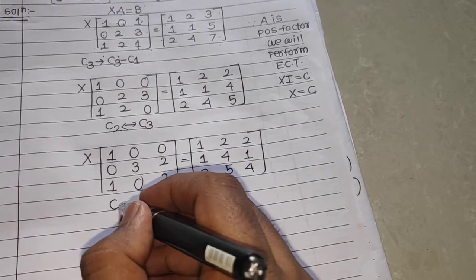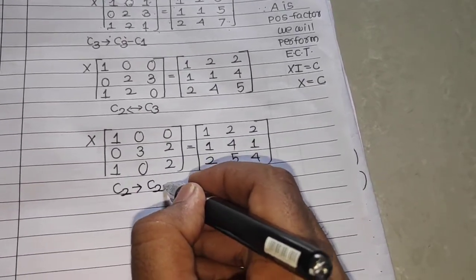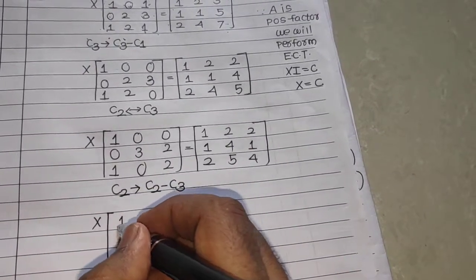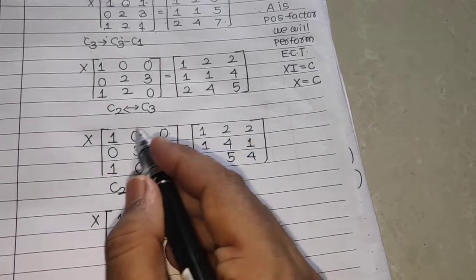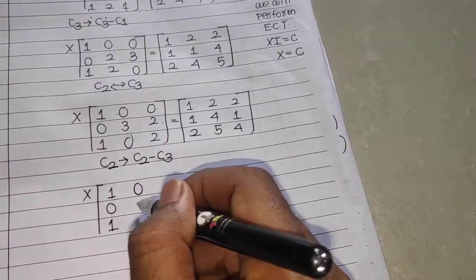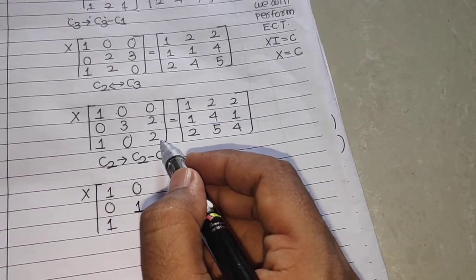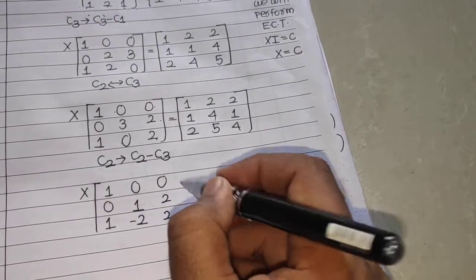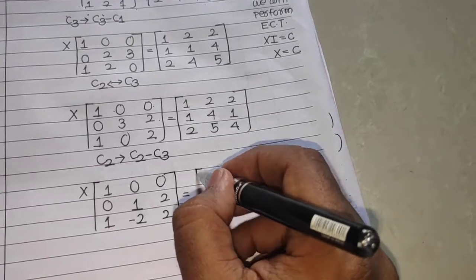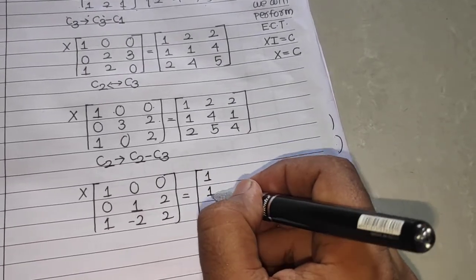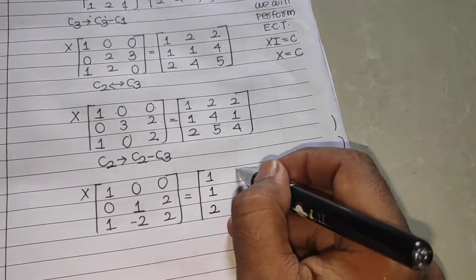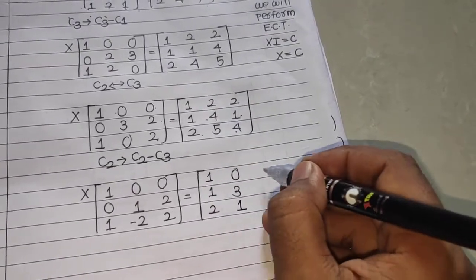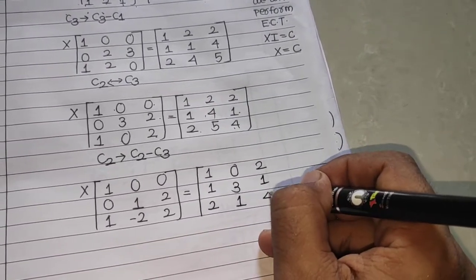Now column 2 change to column 2 minus column 3. 1 0 1, 0 minus 0 will be 0, 3 minus 2 will be 1, and 0 minus 2 will be minus 2. Column 3 remains unchanged. C2 minus C3 will be 0, 4 minus 1 will be 3, and 5 minus 4 will be 1, 2, 1 and 4.